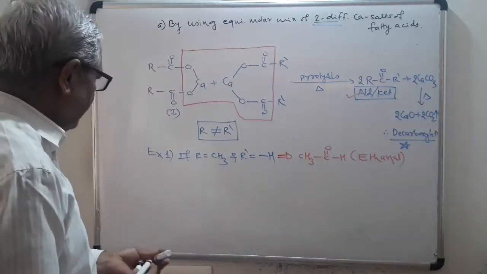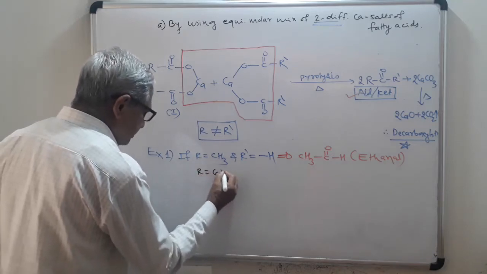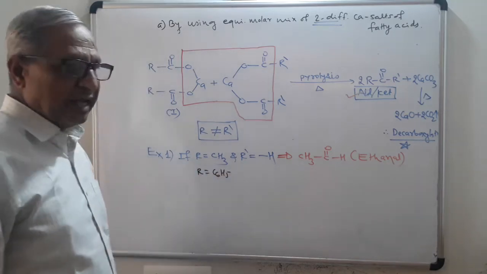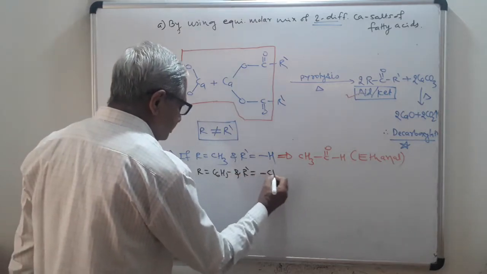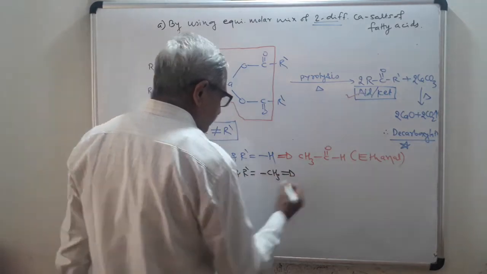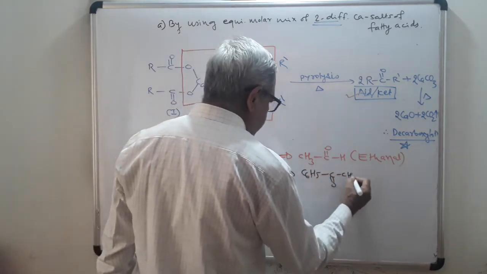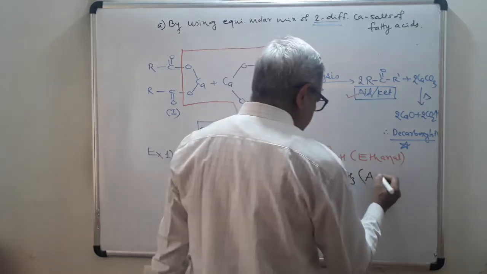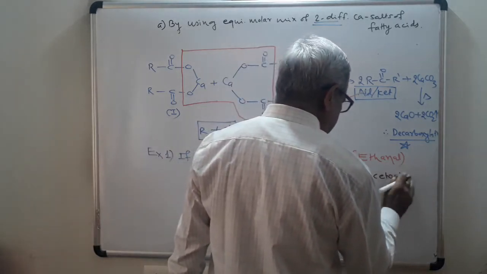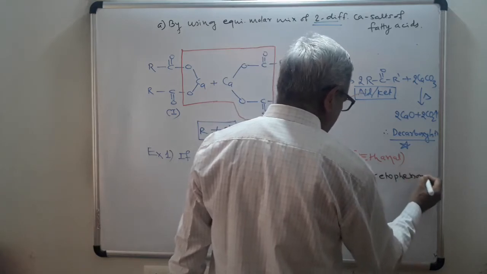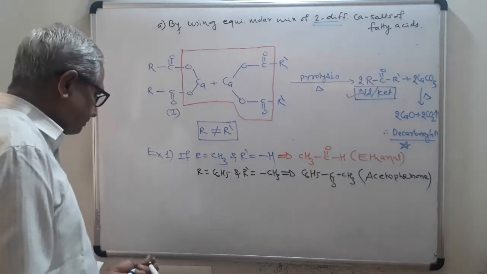Second example, if R is equal to C6H5, that is calcium benzoate, and R dash is equal to CH3, so you will get the structure C6H5 C double bond O CH3. You will get here acetophenone. Now see the next example.